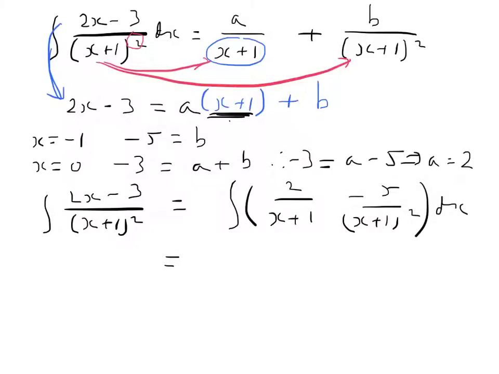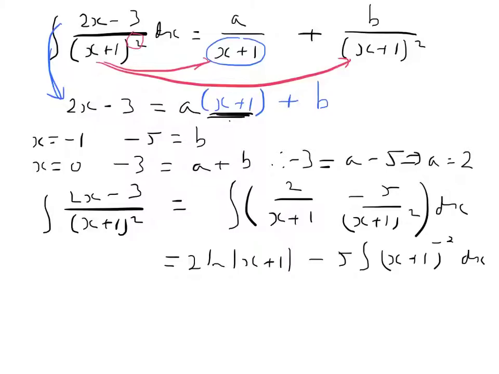So, the antiderivative of 2 over x plus 1 is 2 log of x plus 1. And now when we want to antidifferentiate 5 over x plus 1 all squared, I'm going to take an extra line here. That's like doing 5 integral of x plus 1 to the power of -2. It's not going to be a log because you've got a squared on the bottom.